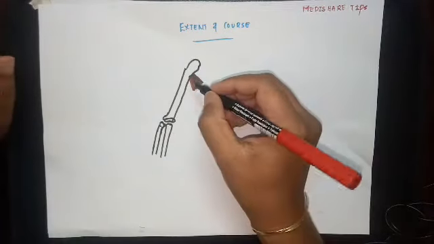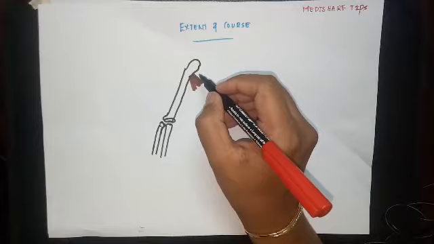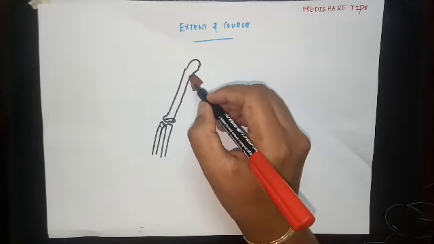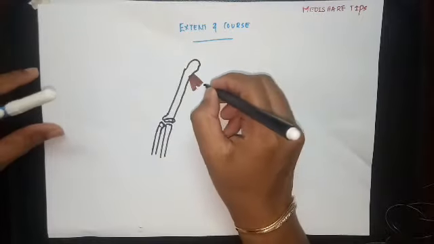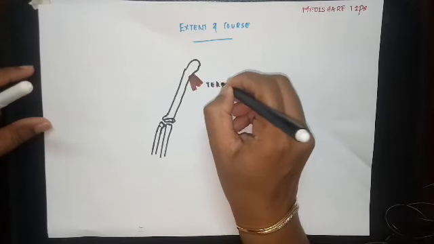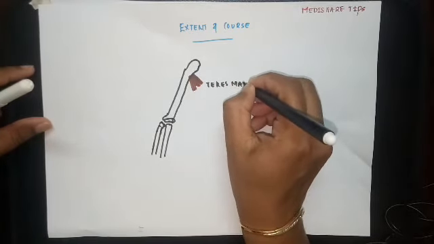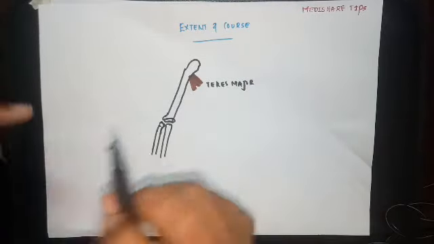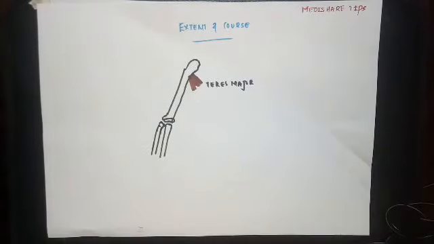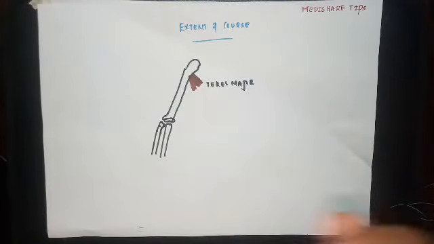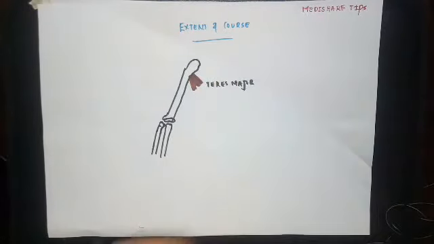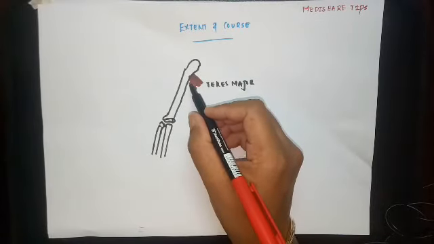We know that the axillary artery extends till the lower border of the teres major muscle. The axillary artery extends till the lower border of the teres major muscle, so after that point it will emerge as the brachial artery. After that point, it is known as the brachial artery.